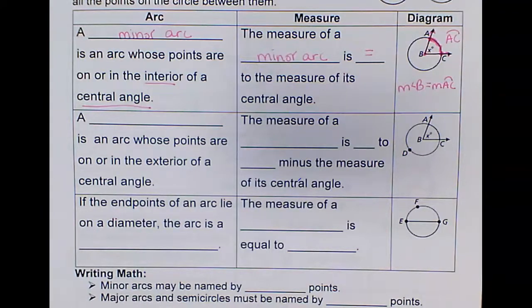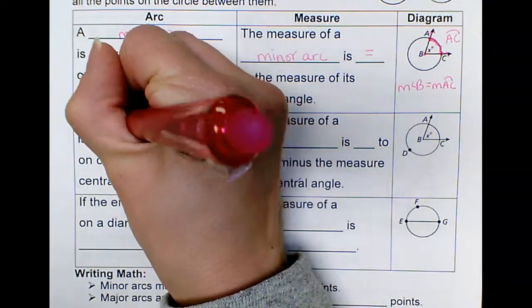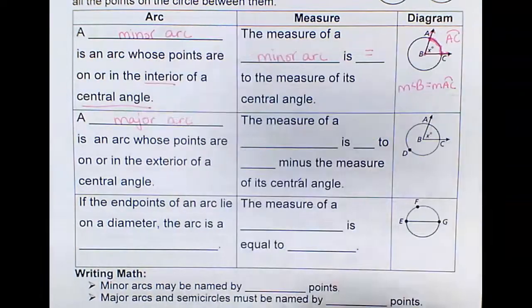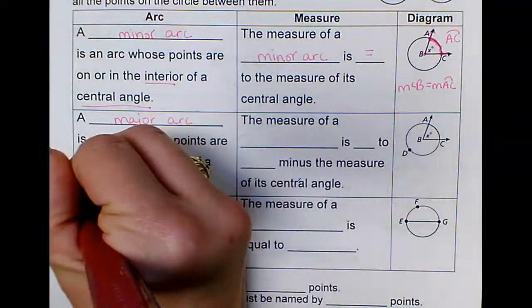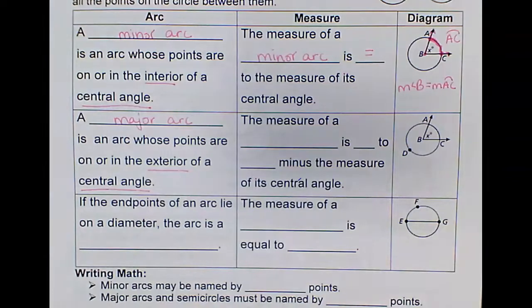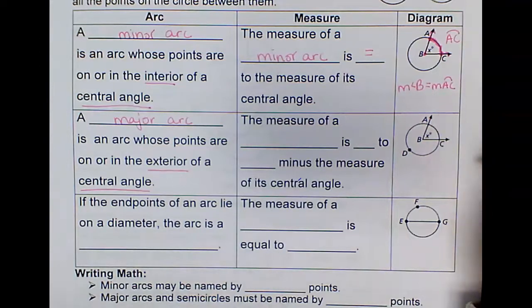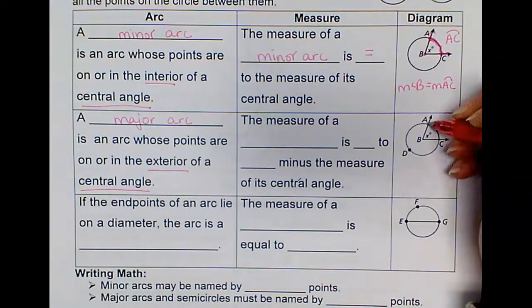Now we have minor arcs and we also have major arcs, just like in music. Minor and major. A major arc is an arc whose points are on or in the exterior of a central angle. So again, we have our central angle here, angle B, and all of the points that are inside, including the endpoints, point A and point C, that's my minor arc.